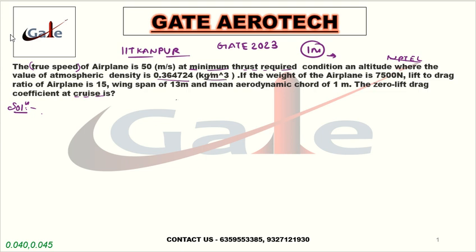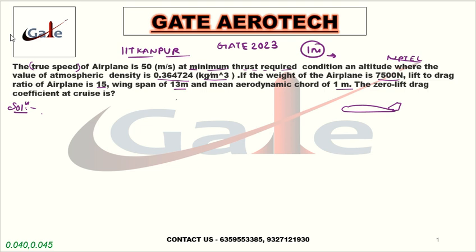Please be careful for the unit. The weight of the airplane is 7500 Newton, lift to drag ratio of 15 is given, wingspan is this much, mean aerodynamic chord of 1 meter, and the zero lift drag coefficient at cruise is asked. First of all, one should be careful that they have already said that you are flying at a cruise condition.